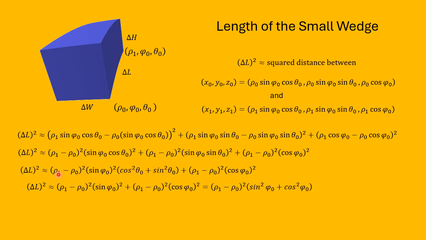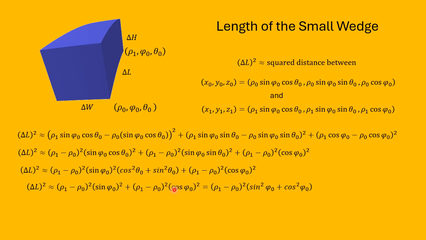So that means that we have this squared times 1. And so that's this stuff right here. So this stuff right here is equal to this stuff right here. Plus, and then what happens here? We have (ρ₁ − ρ₀) squared cos² φ₀. We just wrote it down again, didn't we?